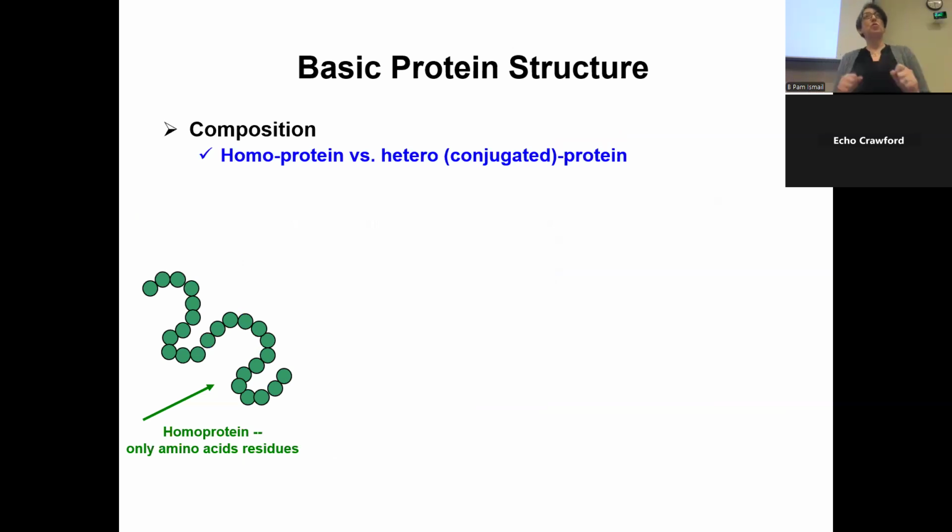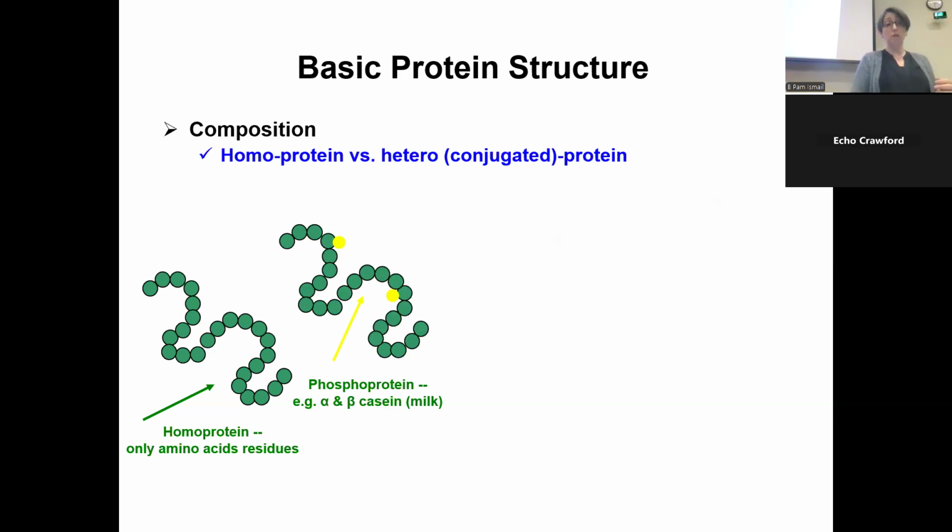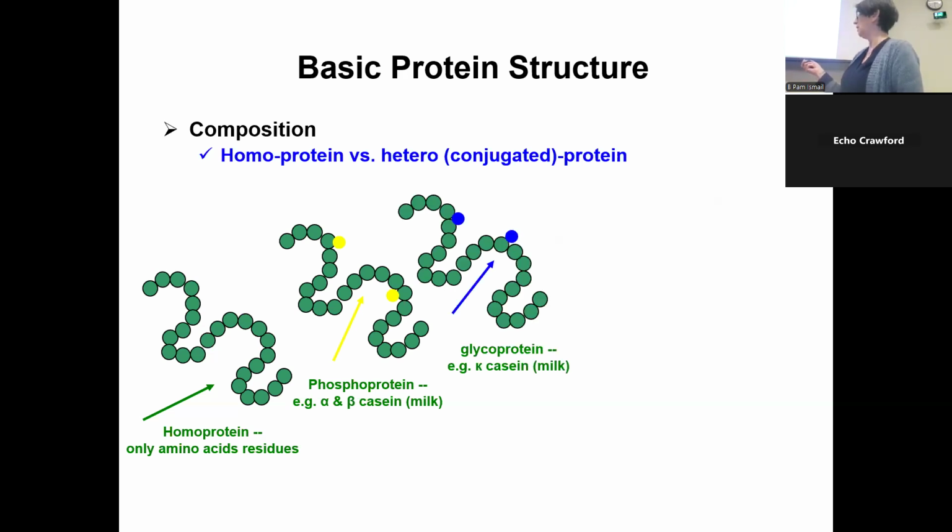Now the composition of the protein. We have homoprotein, which means it's only made up of amino acids. There's nothing else in that protein. But we talked a little bit about proteins being phosphorylated, like alpha and beta casein, and glycosylated, like kappa casein, also vicilin or conglycinin in soy and pea, they are also glycosylated.